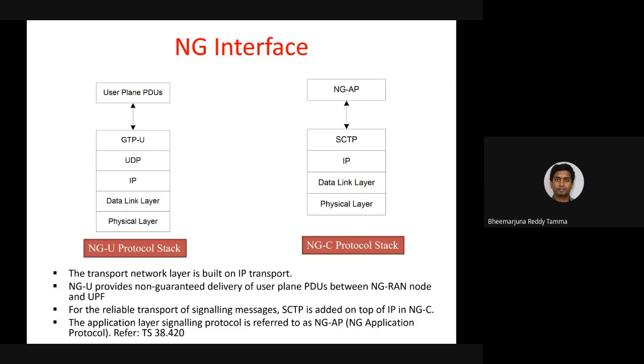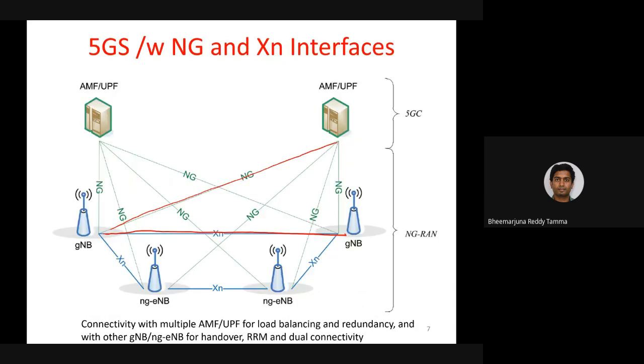And now let me show you what these interfaces actually do. Also make a note that these are point-to-point interfaces, or reference point interfaces, unlike what I was showing in the previous class for the 5G core network, where we have SBA, the service-based interfaces in the 5G core.